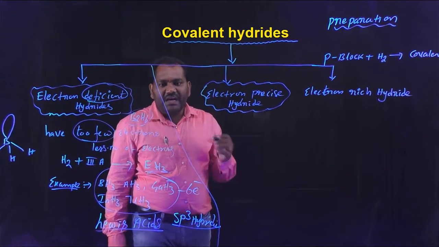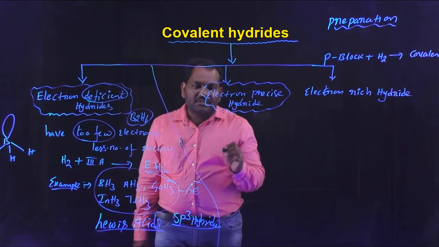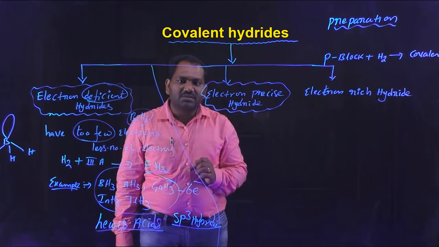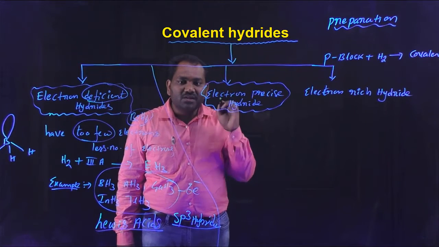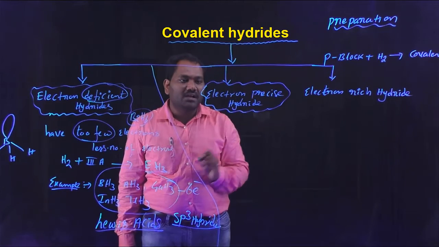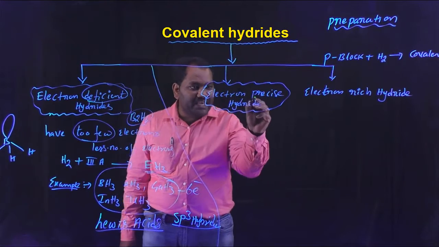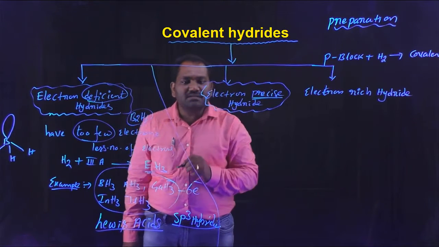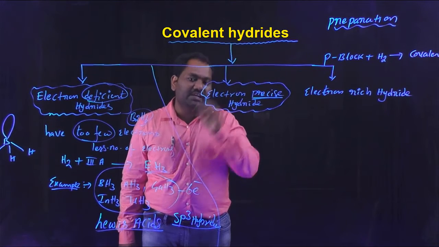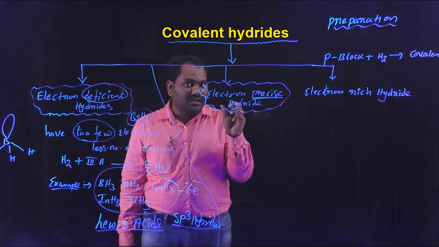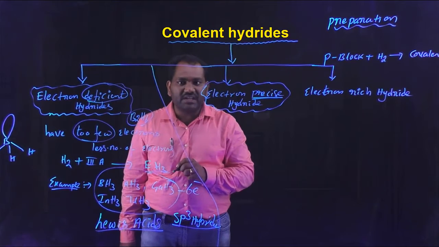The hydrides which have a sufficient number of electrons to write their Lewis canonical structures are called electron precise or electron sufficient hydrides.